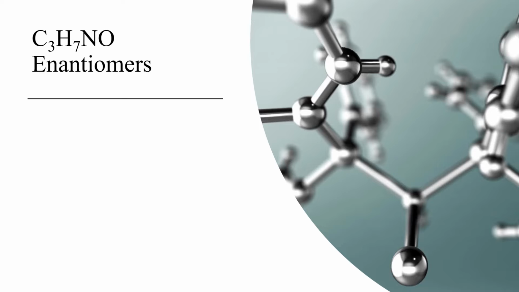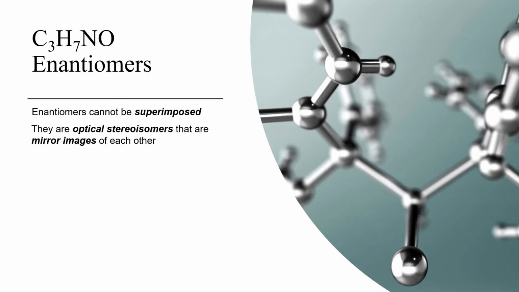Enantiomers are optical isomers of the same molecule. While these molecules have the same structure, they cannot be superimposed on each other. Optical isomers are essentially mirror images of each other. Now we can see some potential optical isomers of C3H7NO.